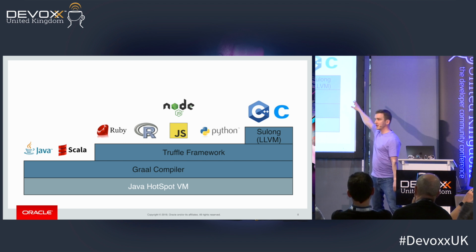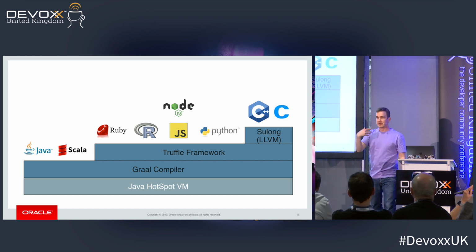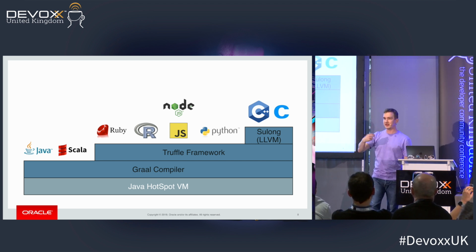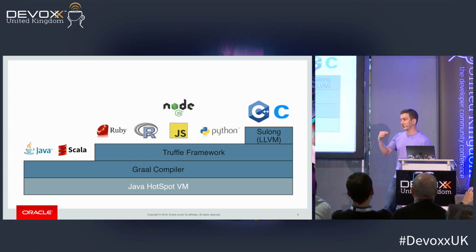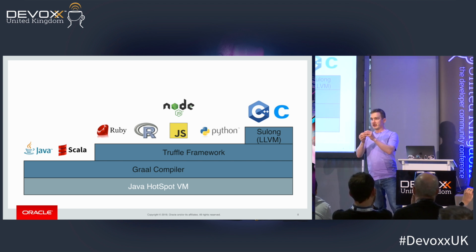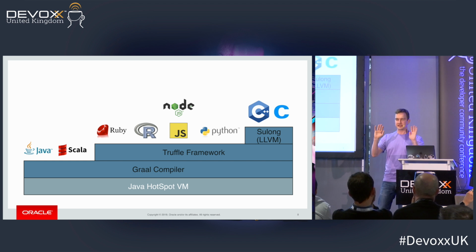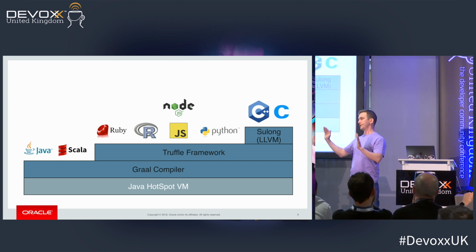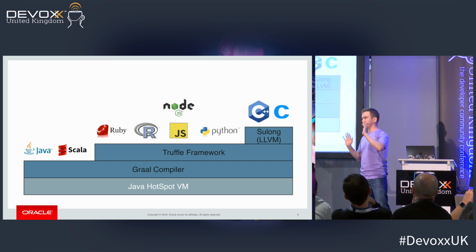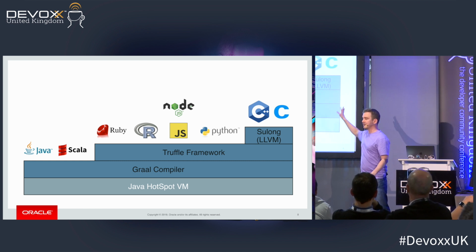And the same way, we implemented support for LLVM bitcode. Right? So anything that compiles natively can probably go through LLVM. LLVM bitcode is kind of very similar to the Java bytecode. It's an intermediate representation of the program. And we can interpret that, and we can run that.